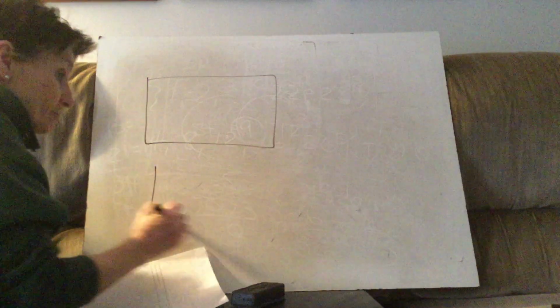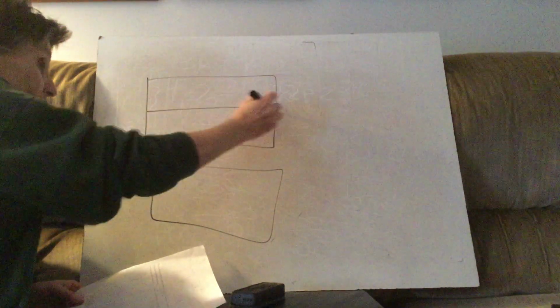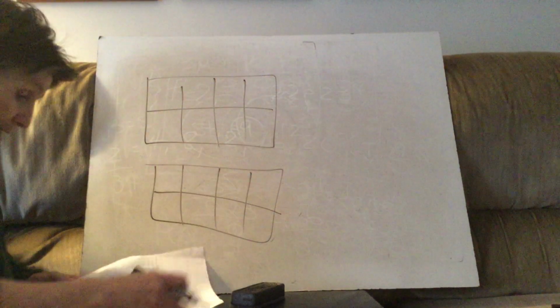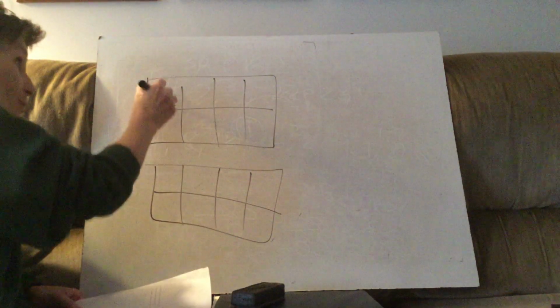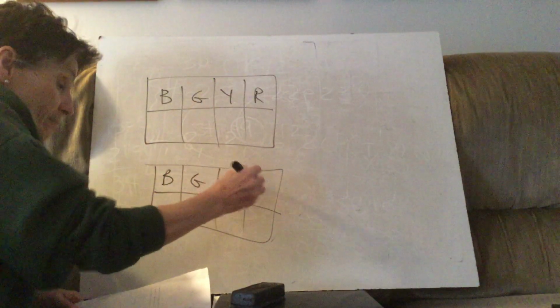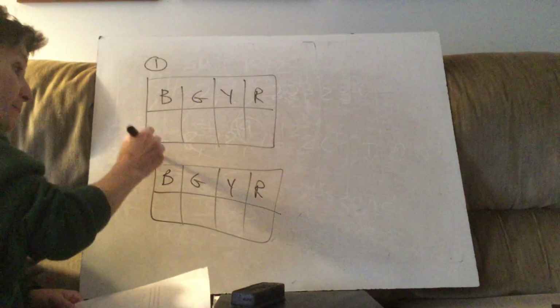Okay, now we have our bags of M&Ms. And we got blue, green, yellow, and red. This is bag 1, bag 2.